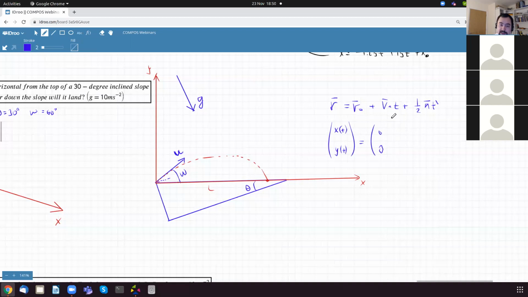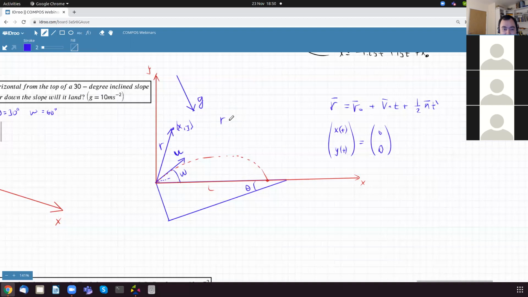R is the radius vector. The radius vector is the vector with the coordinates. So let's say the object is at point x, y. R is the vector drawn from the origin to that point. This is vector R. This is why the first assignment was vectors, so you can understand this.